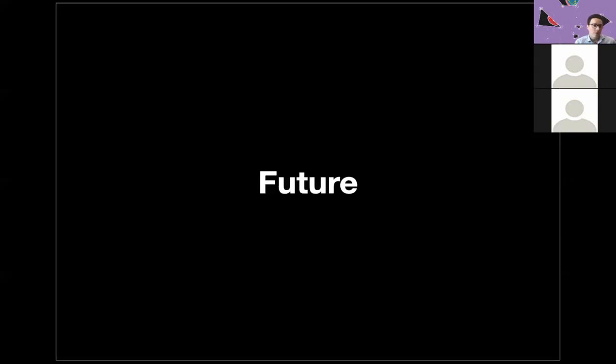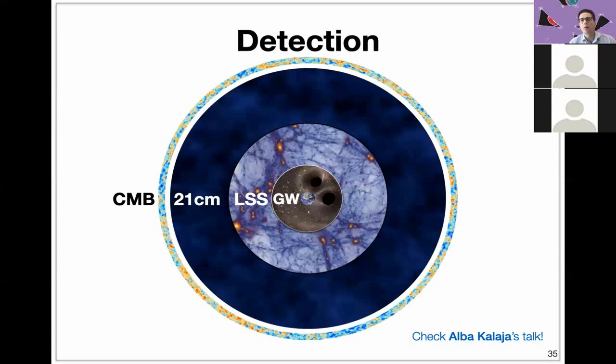Okay, so I'm really running thin on time, but I'll just quickly flash what's in the future. I just gave you a 45-minute presentation about simplest tree-level processes and just about the shapes. Can we say something about the sizes? Can we say something about detectability? And I highly recommend you check the talk by Alba Kalaja.